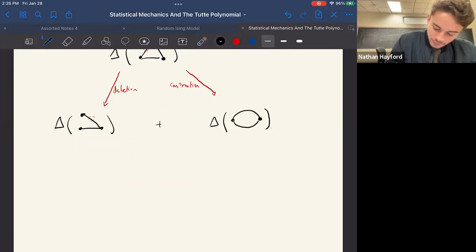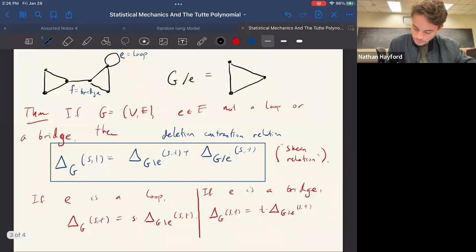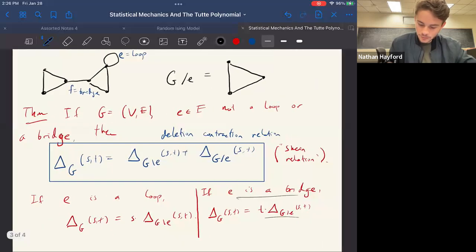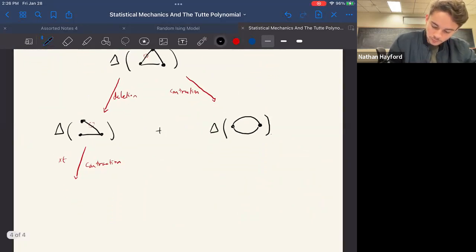If I delete this edge, then this vertex is disconnected from these two. So this is a bridge. And so I don't delete a bridge, I contract the bridge and I multiply by t. So this is the same as the Tutte polynomial of this graph times t.